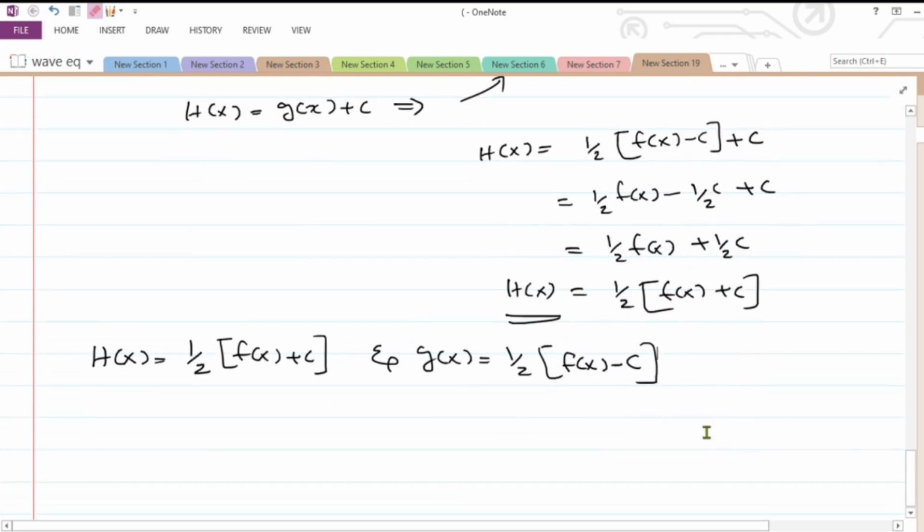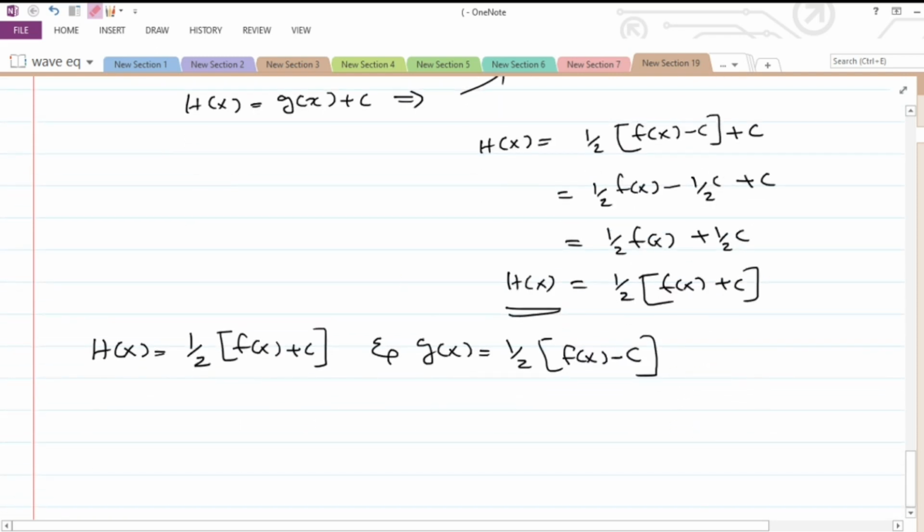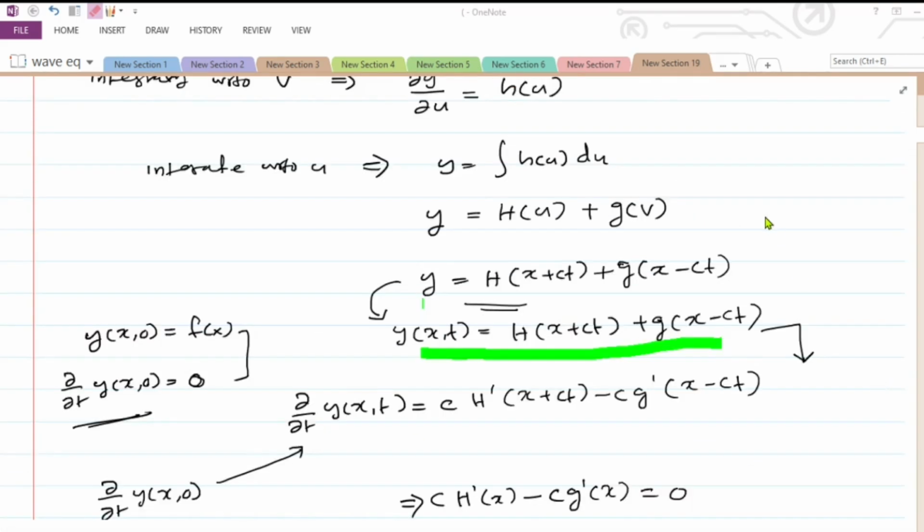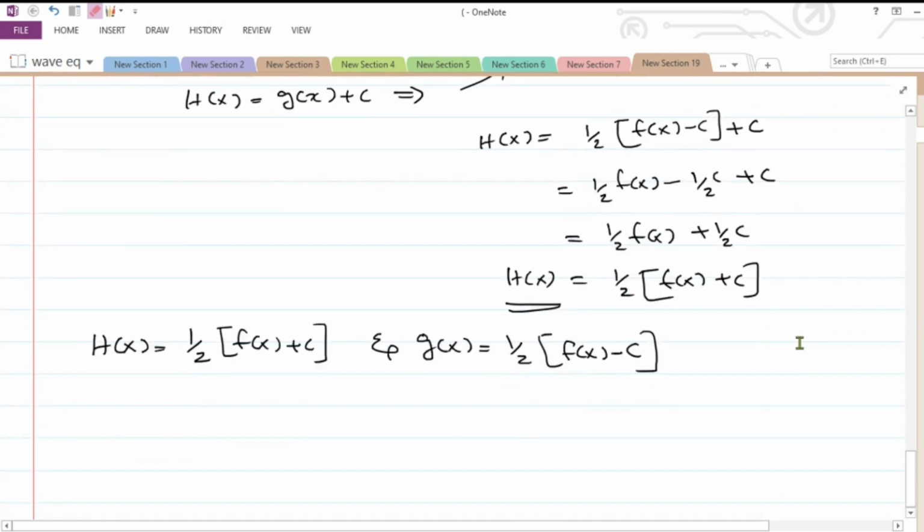Now we can go further forward, as we have defined y(x,t) is equal to h(x+ct) plus g(x−ct).